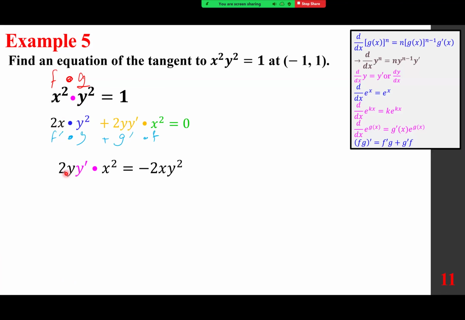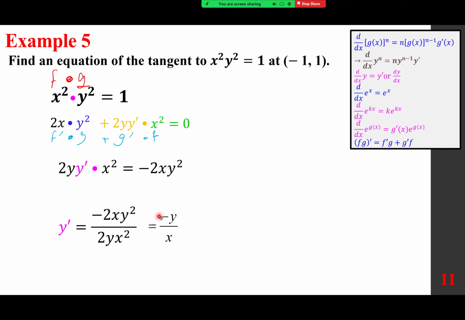You are going to divide everything sitting next to y prime, so you're going to divide by 2y x squared on both sides. So the left side is left with y prime. And the right side, almost everything cancels out except minus y over x.